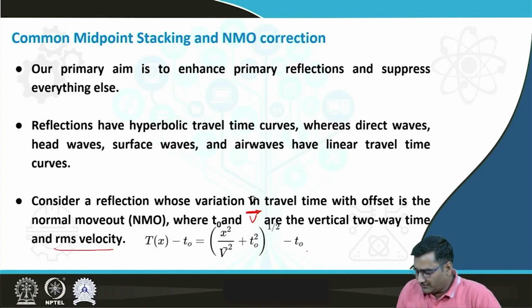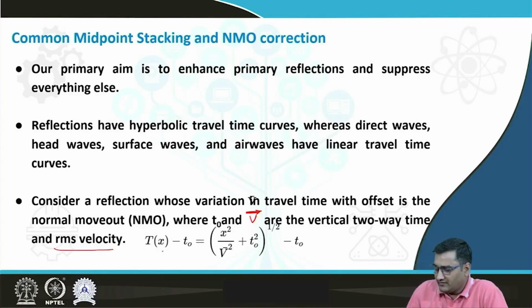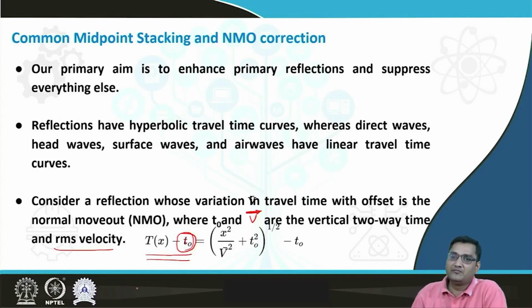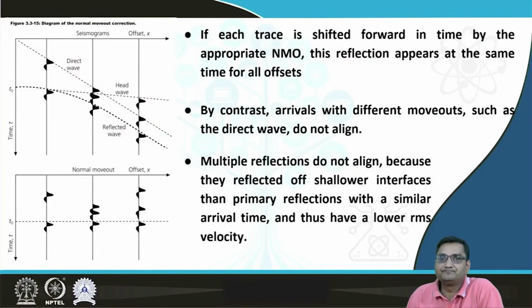If you look at this equation, T naught is being subtracted from Tx on both sides. So you can see this particular time is the zero offset two-way travel time, and that will basically give you how much time needs to be moved out from the travel time so that we can have a proper stacking of your data, that we are going to see in the normal move out correction.